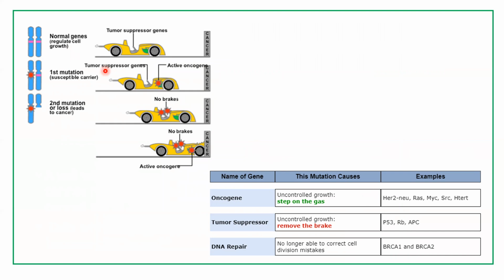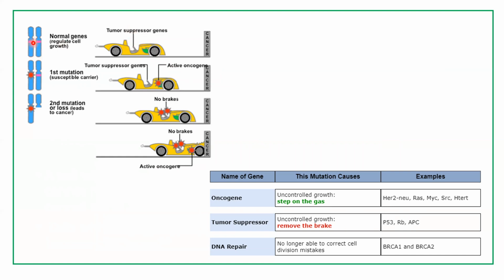So here we have pretty much everything together. We have our gas, that is the oncogene, and we have our brake, the tumor suppressor gene. So this is when your car drives normally, right? You need gas, otherwise you cannot go anywhere. And the gas in your cells is the proto-oncogenes. And you have your brake, and this is the tumor suppressor gene.